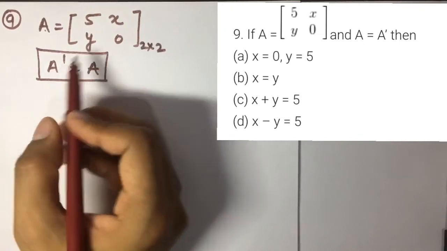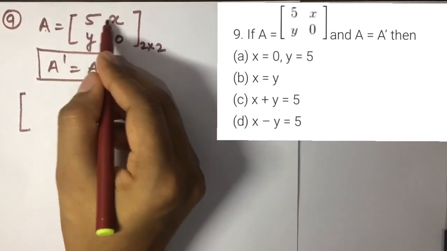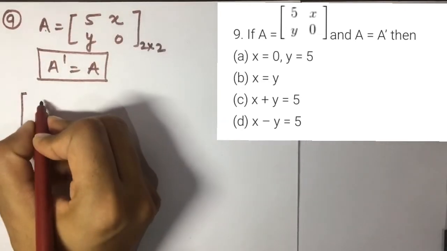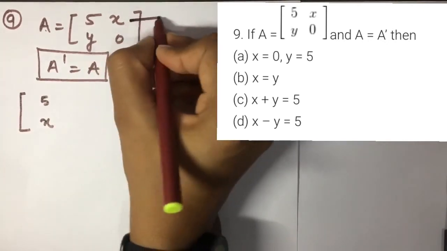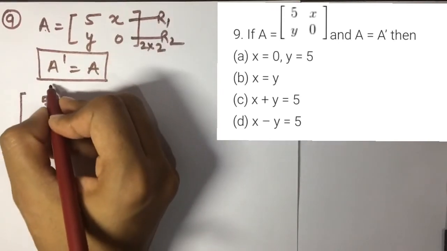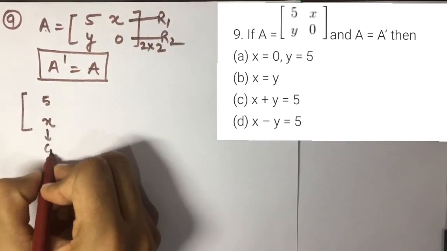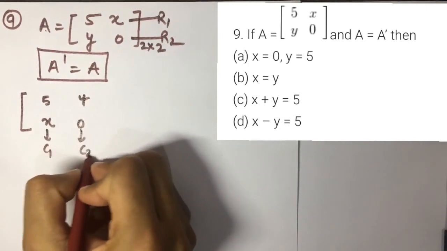How do we find A transpose? Rows are converted into the columns. So this row 1 is converted into the column 1, and this row 2 is converted into the column 2.